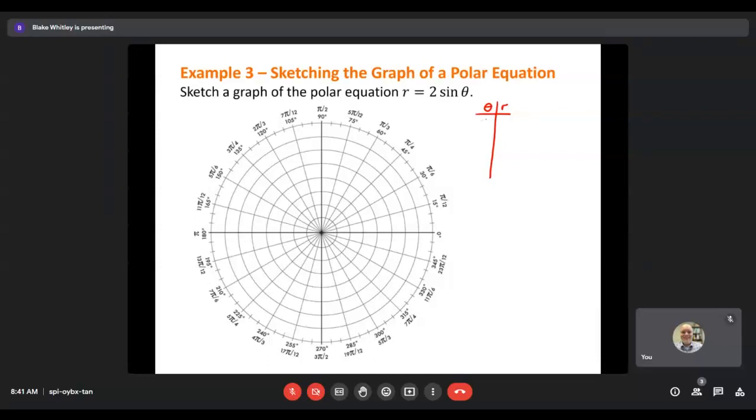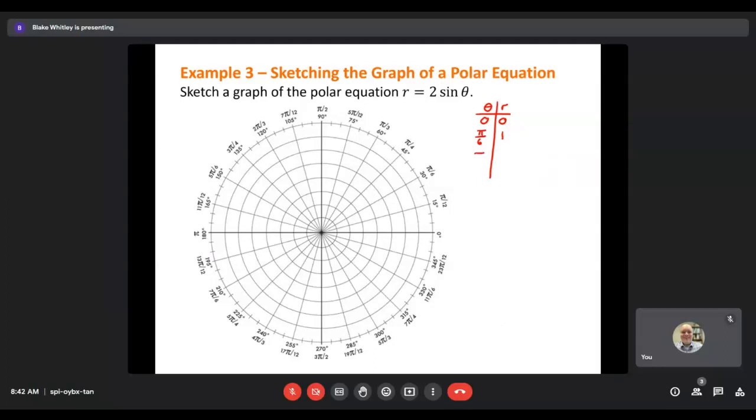So we'll start with theta equals 0. We're substituting that into our r equals 2 sine theta equation to figure out what r is going to be equal to. Well, if I do that, sine of 0 is 0. 2 times 0 is still 0. So my r value there is going to be 0. Now I'm going to do pi over 6. If we do sine of pi over 6, that should give us 1/2. 1/2 times 2 should give us 1. So my r value there is going to be 1.